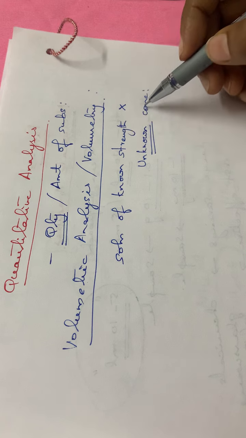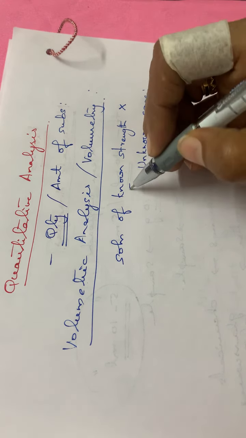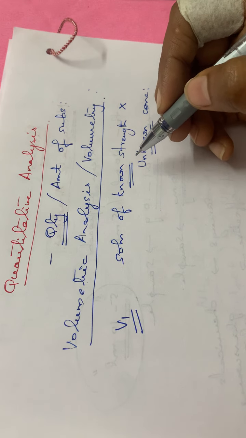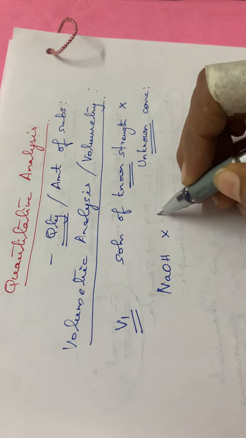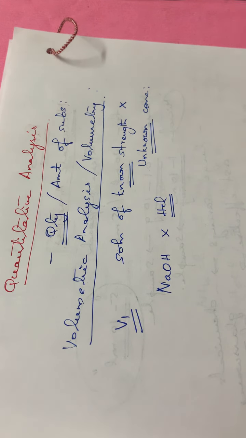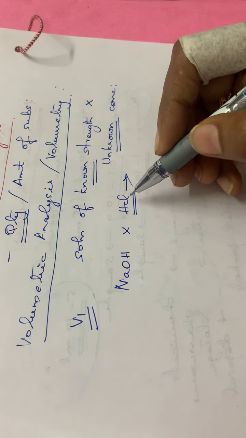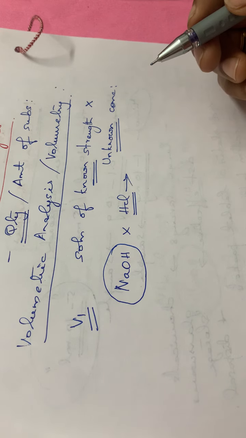So by titrating these two, we will be getting a volume of the solution used up, isn't it? Suppose we are titrating NaOH against HCl, and we know the strength of this HCl solution. You have to determine the normality of this NaOH.